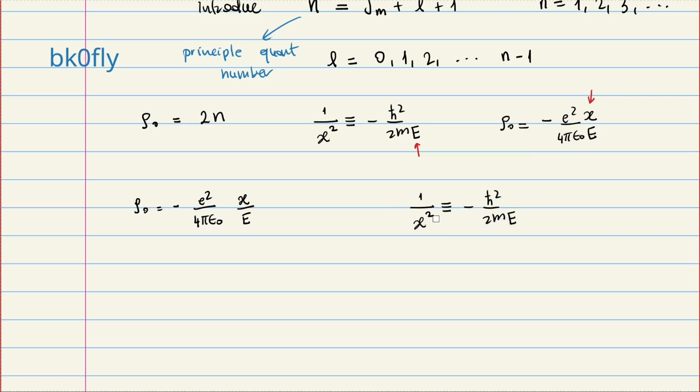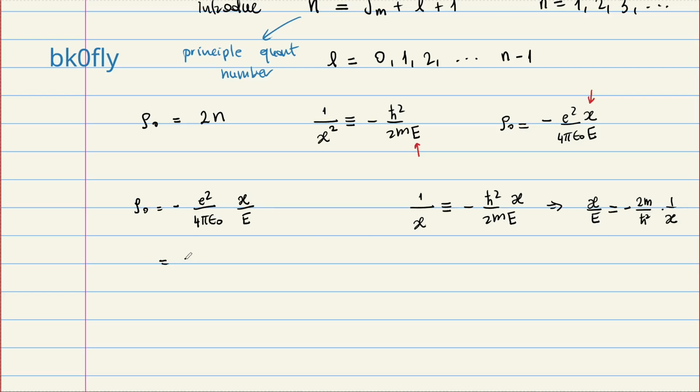If I take one of the kappa here, kappa over E is equal to minus 2m over h bar squared times 1 over kappa.